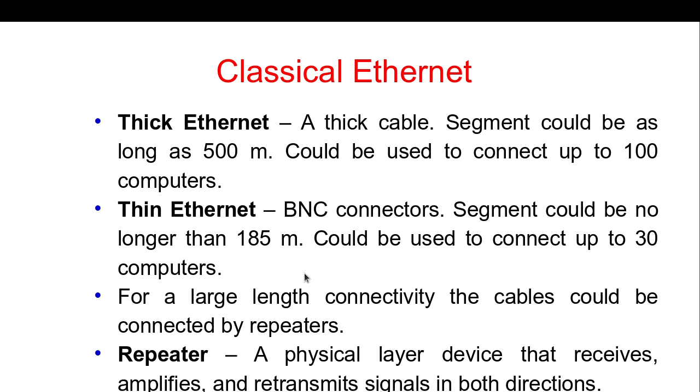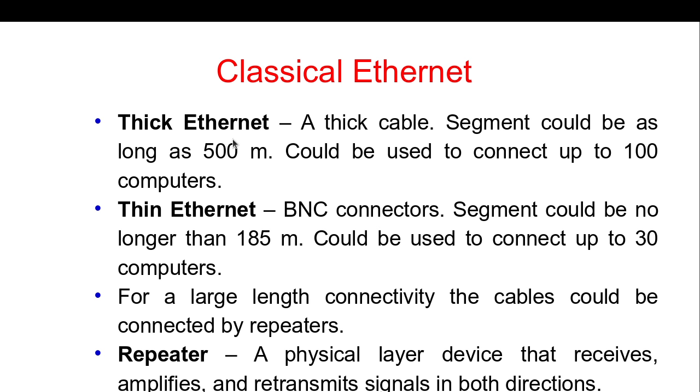Now classical Ethernet can be of two types based on the cables used. First is thick Ethernet and second is thin Ethernet. The basic difference is that thick Ethernet uses a thick cable, that's why the name, and thin Ethernet obviously uses a thin cable and connected the machines using BNC connectors.